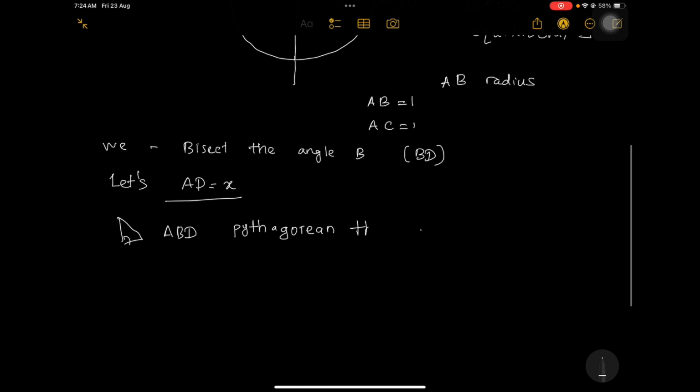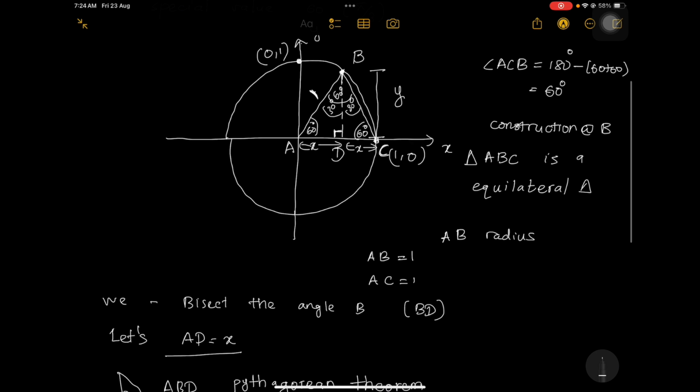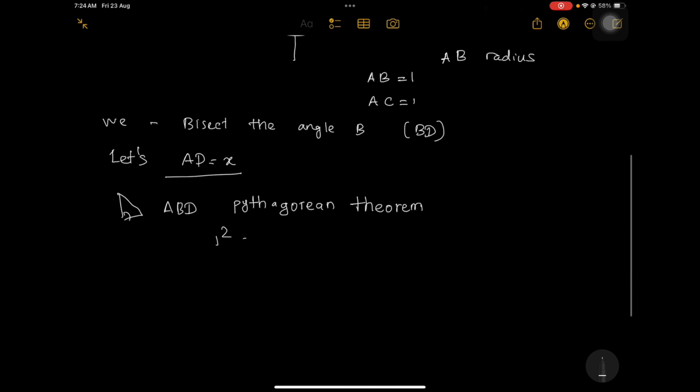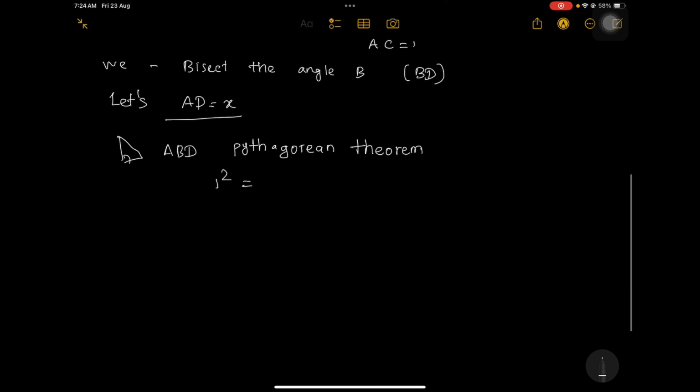Hypotenuse squared, this is the hypotenuse, so 1 squared is equal to the other sides squared: x squared plus y squared.